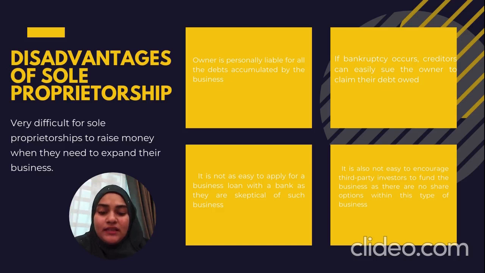It is not as easy to apply for a business loan with a bank as they are skeptical of such business. It is also not easy to encourage third-party investors to fund the business as there are no share options within this type of business. Only a national citizen or permanent resident is able to register for this business.